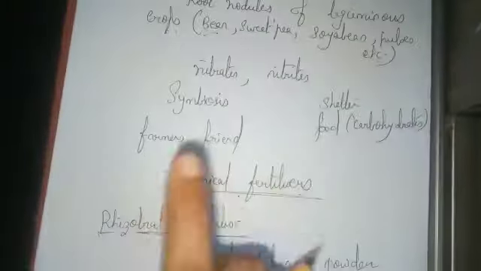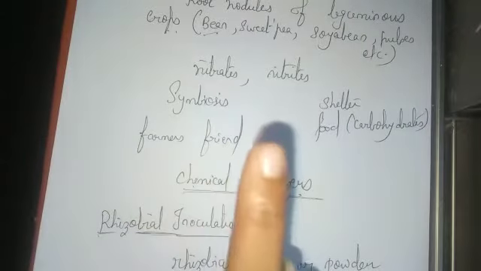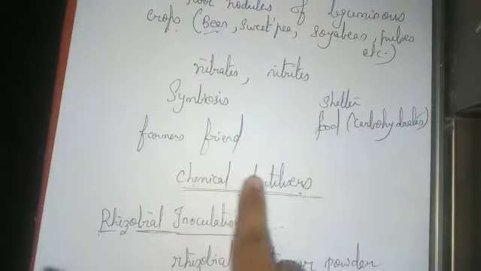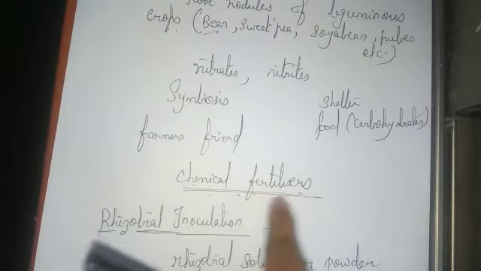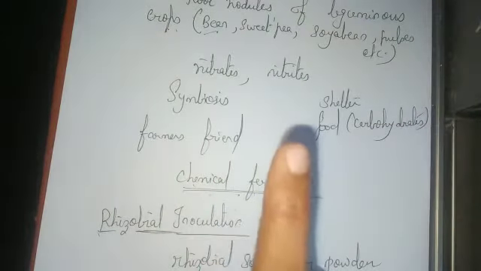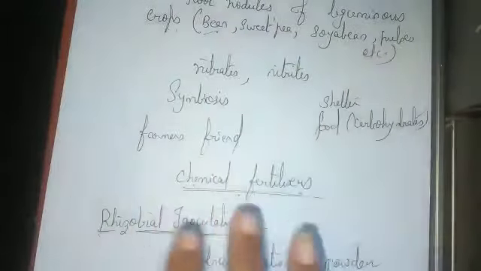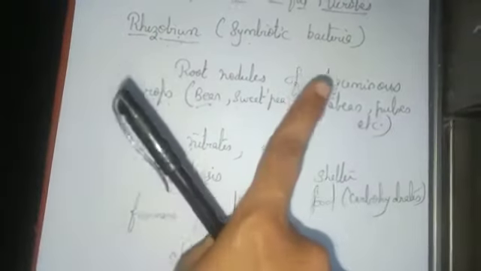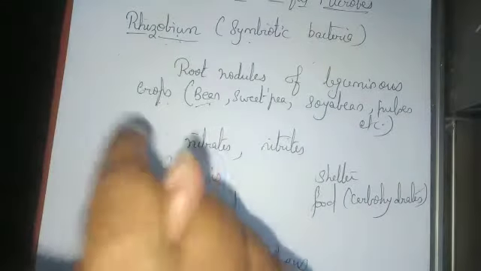Moreover, rhizobium is also called the farmer's friend because, because of the rhizobium, the farmers have stopped using chemical fertilizers, because chemical fertilizers are generally used to increase the fertility of the soil, right? But the rhizobium increases the fertility by fixing the nitrogen in the soil.